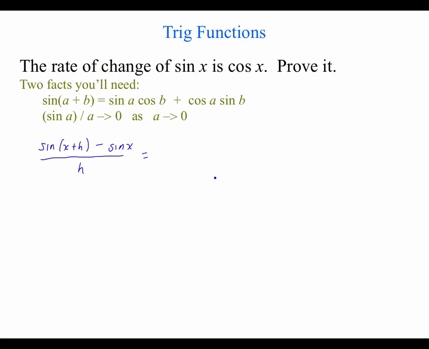So we still had limited success getting that. Now we can apply the sine of A plus B. So it'll be sine x cosine h plus cosine x sine h, that's that right there, minus sine x, all over h.